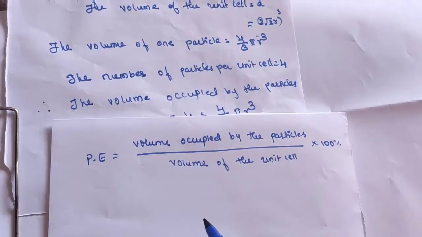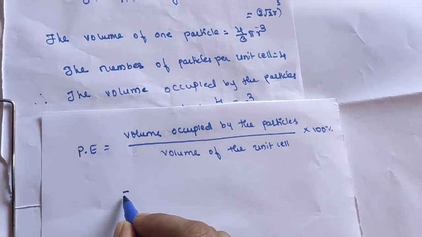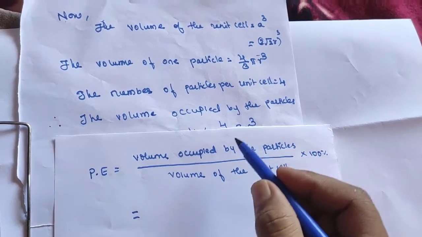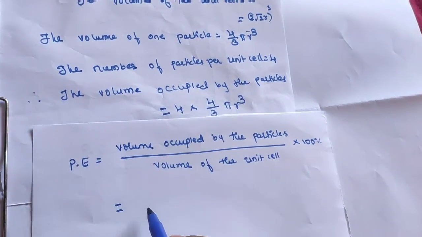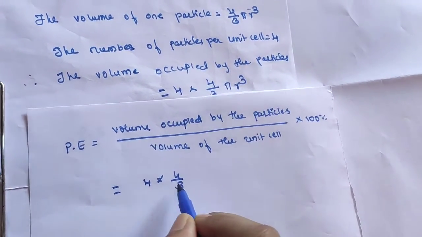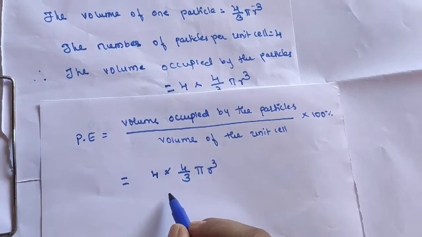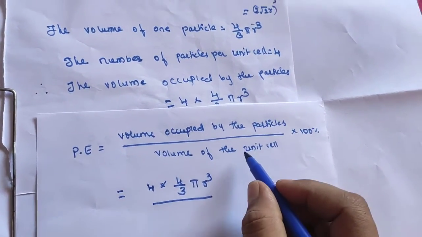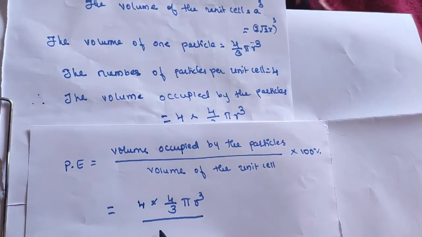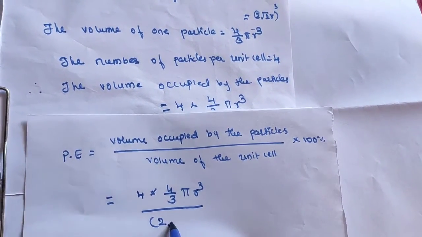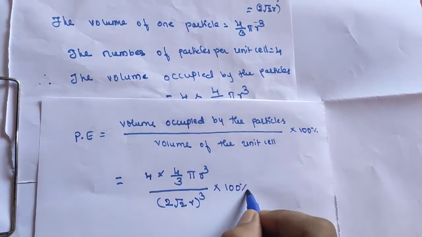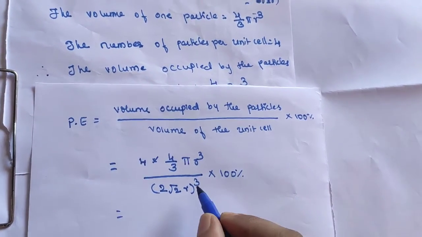Volume occupied by the particles is taken as 4 into 4 by 3 pi r cube, divided by the volume of the unit cell, which is taken as 2 into root 2 r whole cube, into 100%. So just we can simplify this.